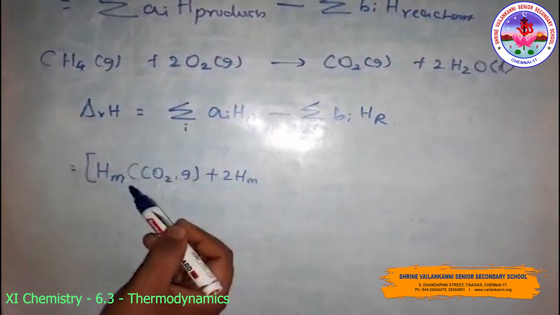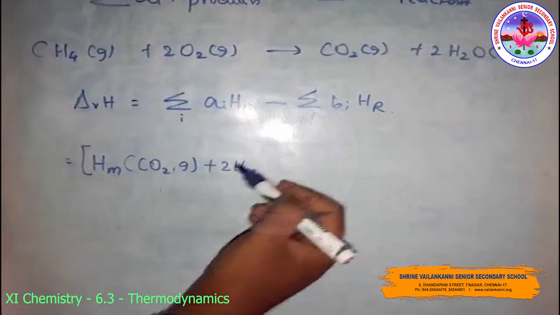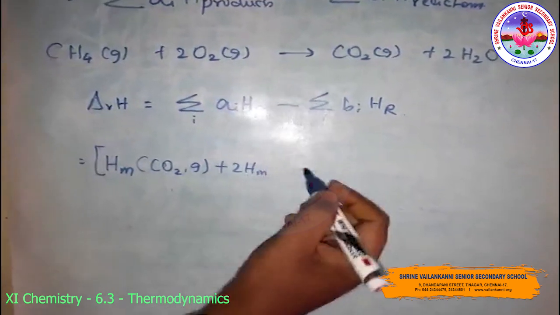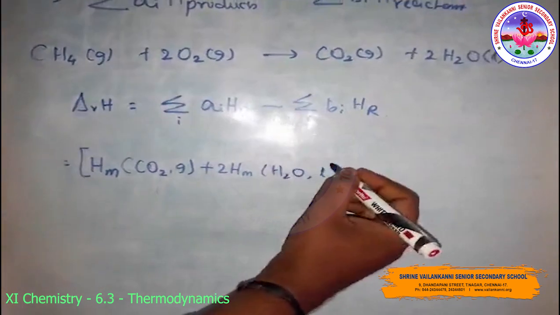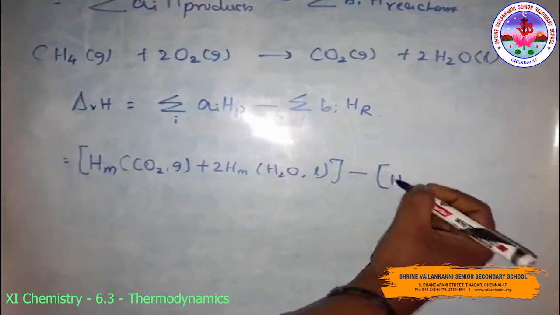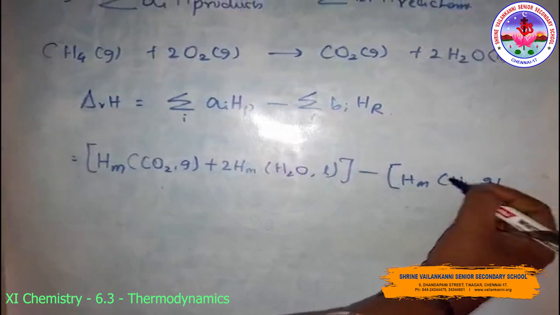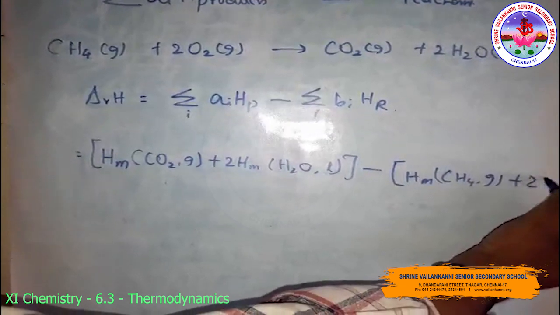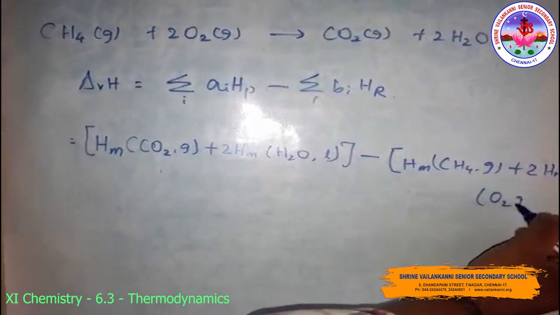So the product side is 1 mole of CO2 gas plus 2 Hm of H2O liquid, minus Hm of 1 mole of methane gas plus 2 Hm of O2 gas.